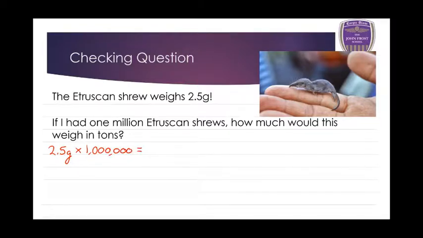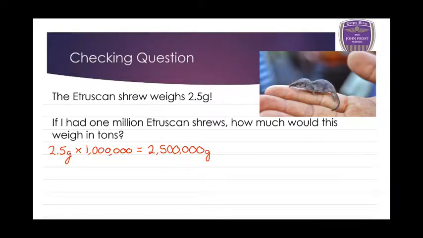Okay, so 2.5 grams times 1,000,000 is 2,500,000. Okay, so 2.5 times 1,000,000 is 2.5 million. Okay, 2,500,000. So that's in grams.